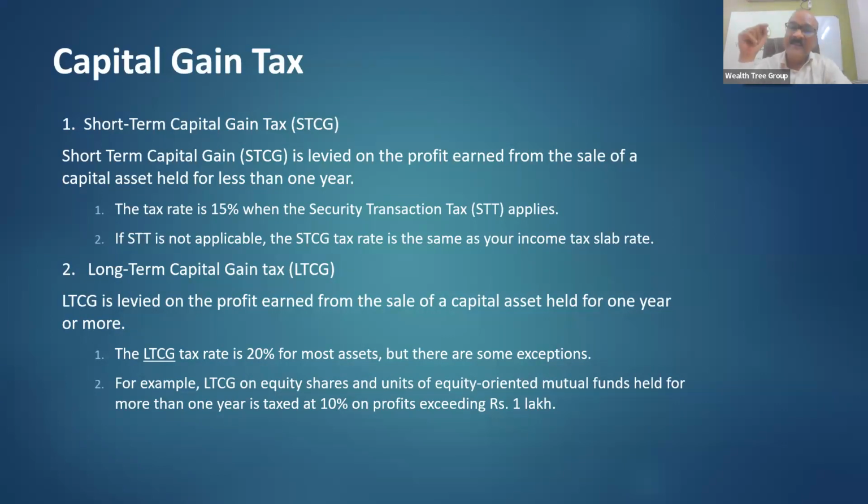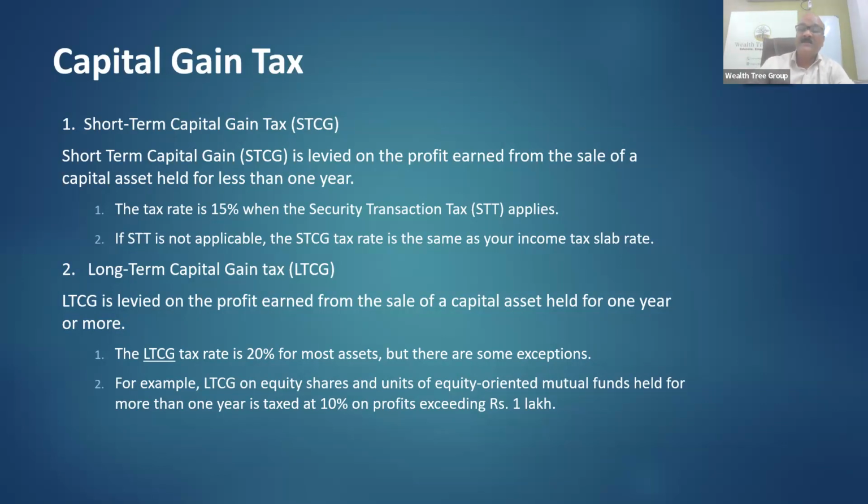That means if you invested 1 lakh and waited for 1 year and got 2 lakhs profit, there is no need for you to pay the long-term capital gain tax, because 1 lakh is exempted. After 1 lakh, whatever profit you make out of those investments, you have to pay the tax, especially in the case of stock markets, when you buy shares from the stock markets.